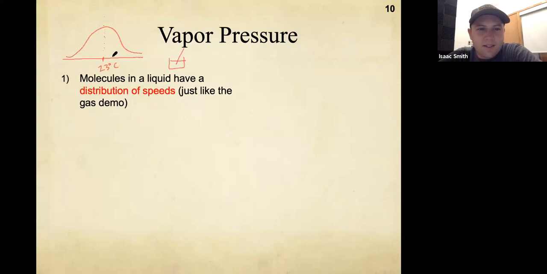You have these different levels basically. This might be 100 degrees Celsius up here, and then you might have, I don't know, negative 70 degrees Celsius.